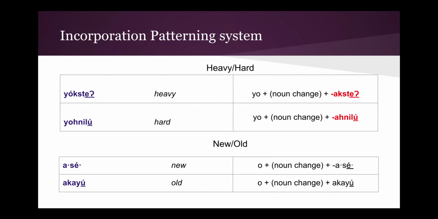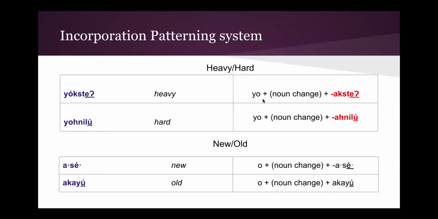So the next thing that we used in this practice noun incorporation drill is how to say something is heavy or hard, or new or old. So when that happens, this is more descriptors. And so we have our word that means it's heavy over here, yokst, yokste.